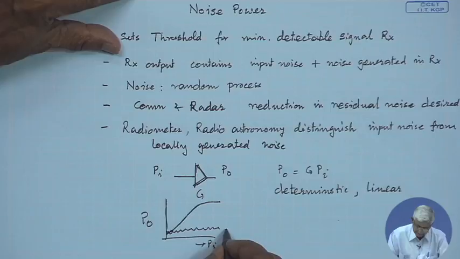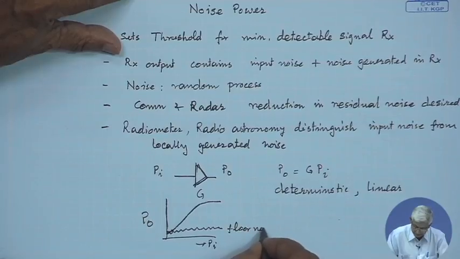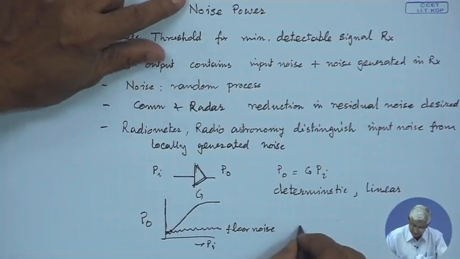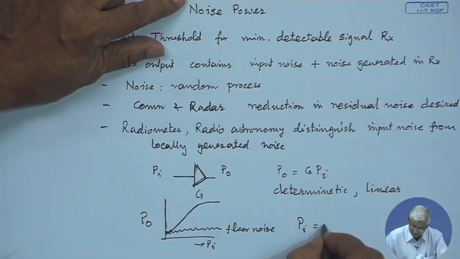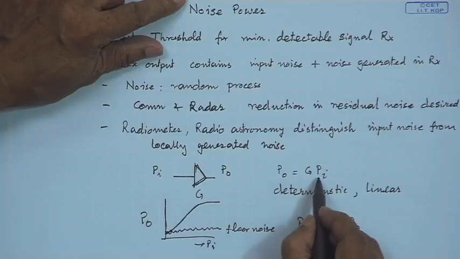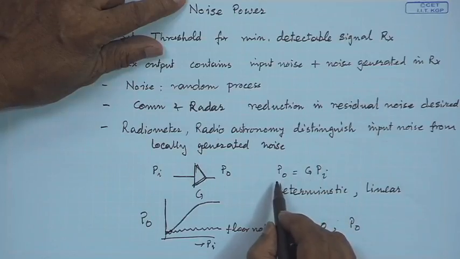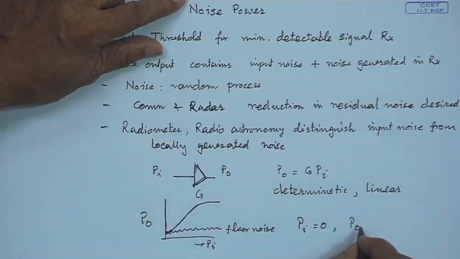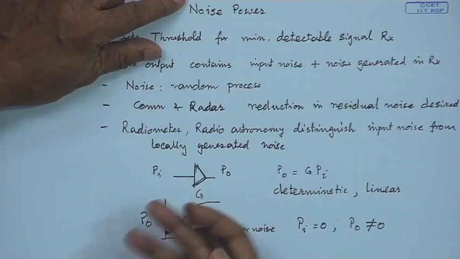This is the base noise or floor noise. This is a term which is used. That means, at P I equal to 0, when there is no input, P O, as per this expression, is supposed to be 0 for a finite gain, but P O is not equal to 0. There is some value here, and that is the noise which is generated inside the amplifier.